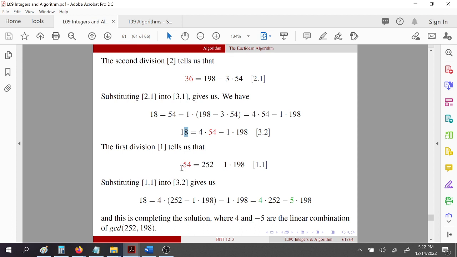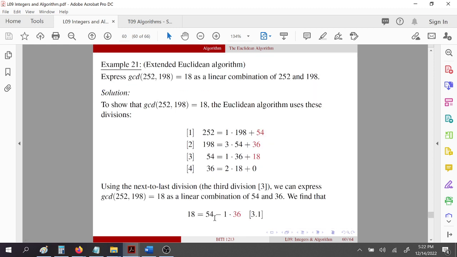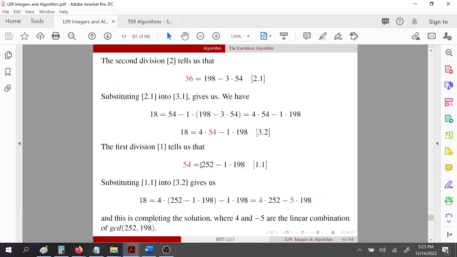Now it's time to obtain, or to find, the A value. So this one is the A value. How to find the A value? The A value in this example is 252. So A is inside the first equation. From here you want to come out with a new equation like this. So this one is the A value, and then we need to mix this one and this one.